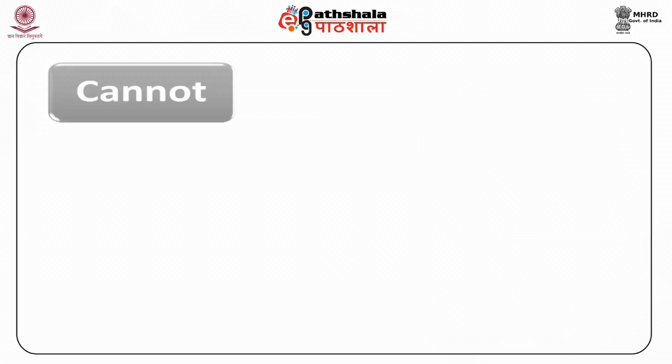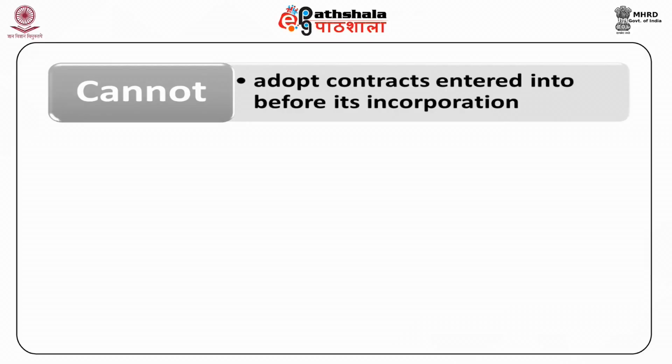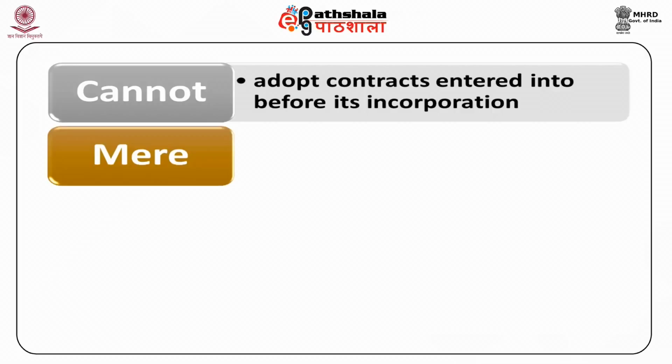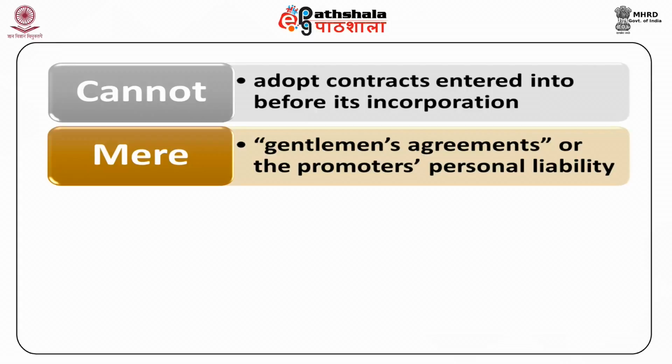A company cannot adopt contracts entered into before its incorporation even by passing a special resolution or with the unanimous consent of all its members. Thus, preliminary contracts will either have to be left as mere gentlemen's agreements or the promoters will have to undertake personal liability. Which of these, of course, will be adopted depends largely on the demands of the other party.